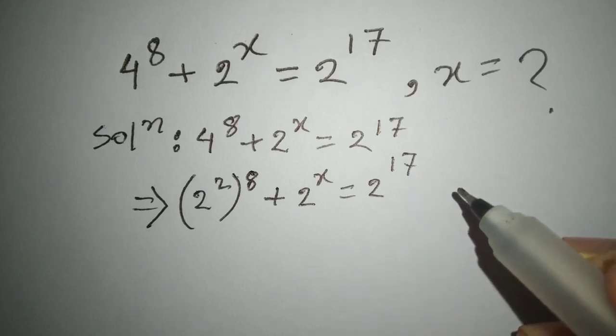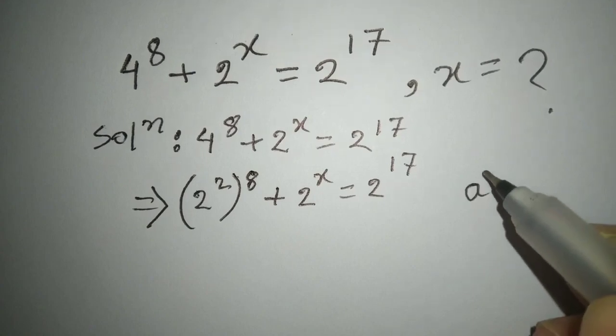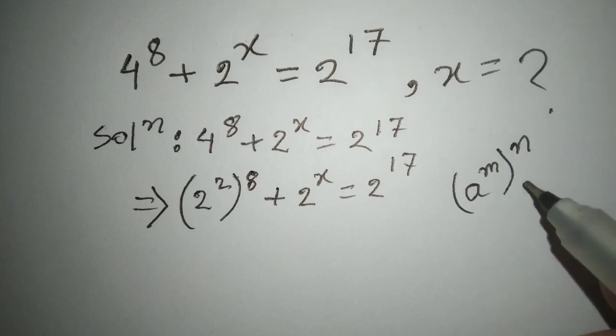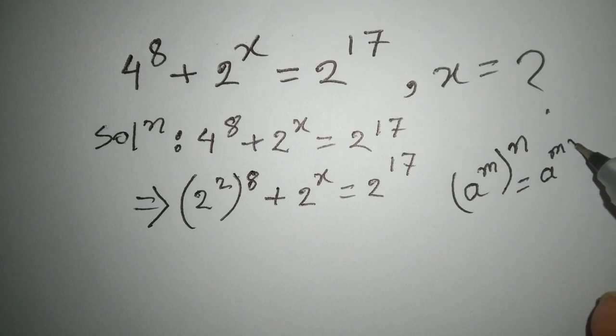We know a math formula which is (a^m)^n = a^(m×n).